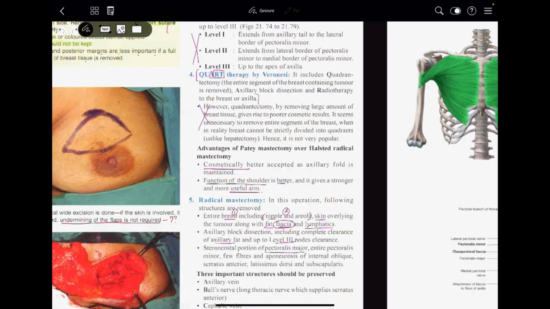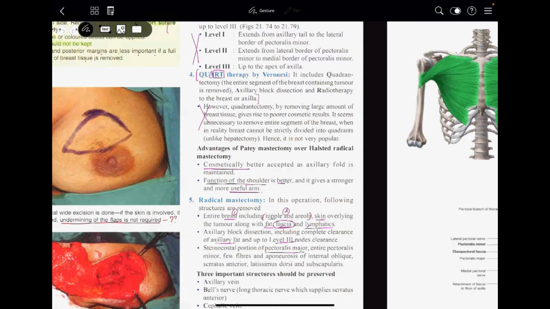So advantages of modified radical mastectomy over Halsted. A radical mastectomy has another name and it is also known as Halsted radical mastectomy. So what are the advantages of modified radical mastectomy over radical mastectomy?